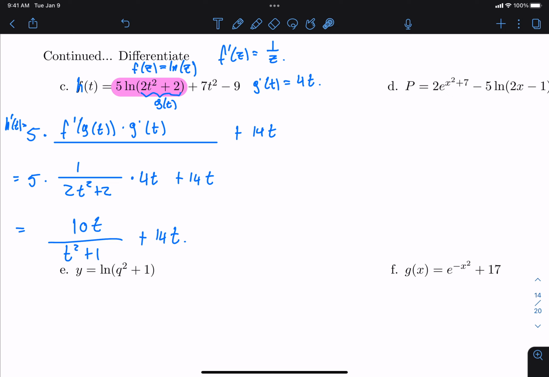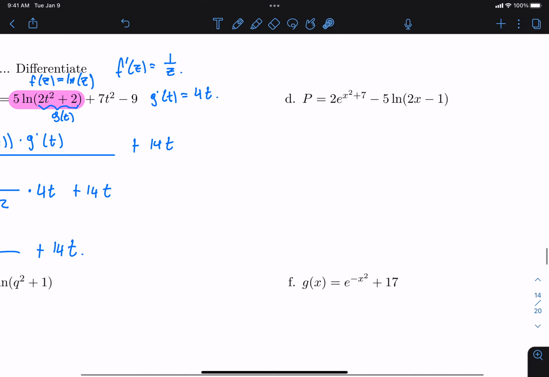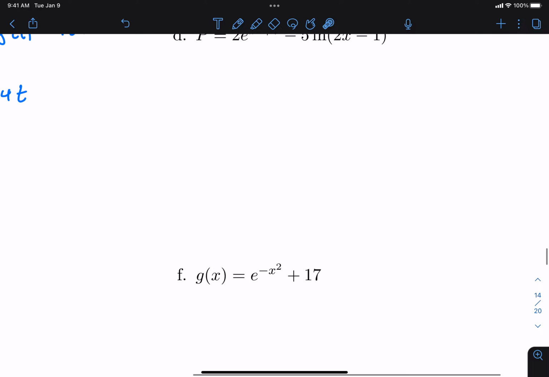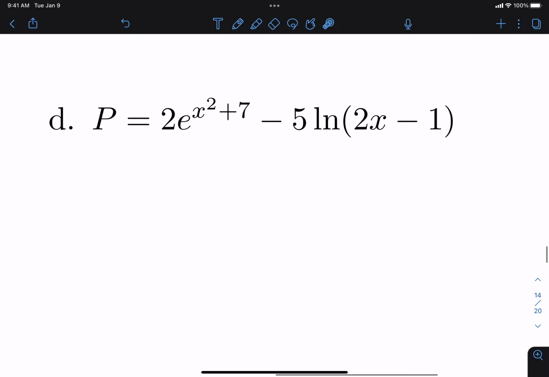Okay, let's talk quickly about how I know when to use the chain rule. The way that I identify when to use the chain rule is anytime I see a function inside of another function. Here's what I mean. You can see x squared plus 7 is in the power. That's a function which is inside of another function. Here, again, I have the function 2x minus 1 inside of another function.